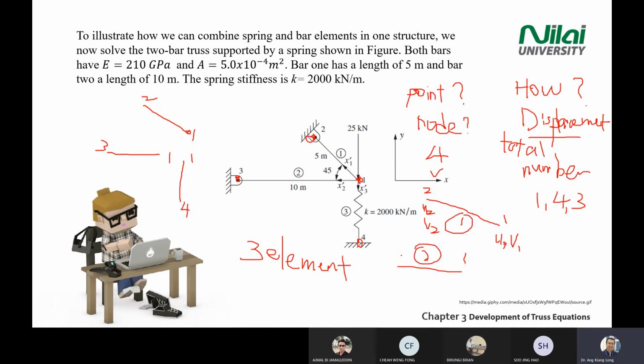Element 2 connecting point 1 and point 3. So for element 2, point 1 also refers to 2 axes, x and y. So point 1 gives you u1, v1. Point 3 gives you u3, v3. So for element 2, you have 4 displacements. I'll repeat for the third one.